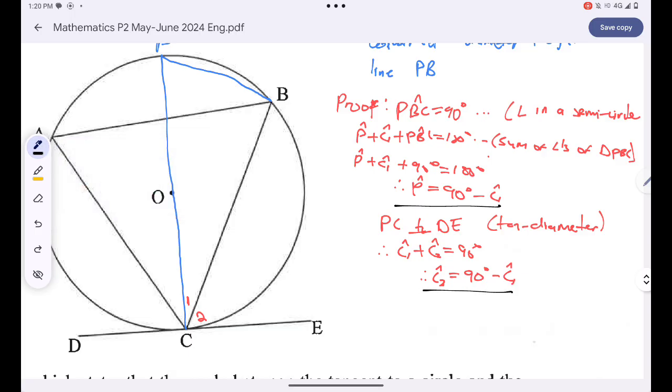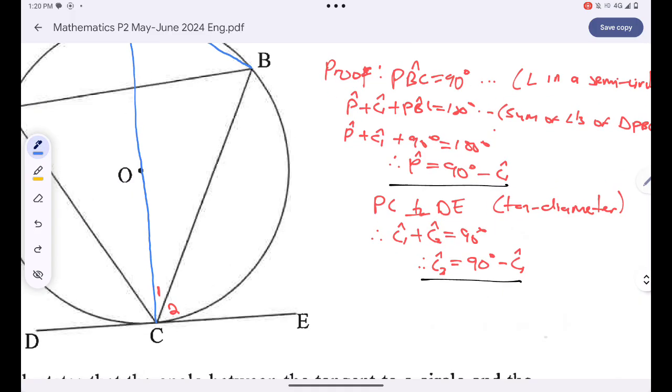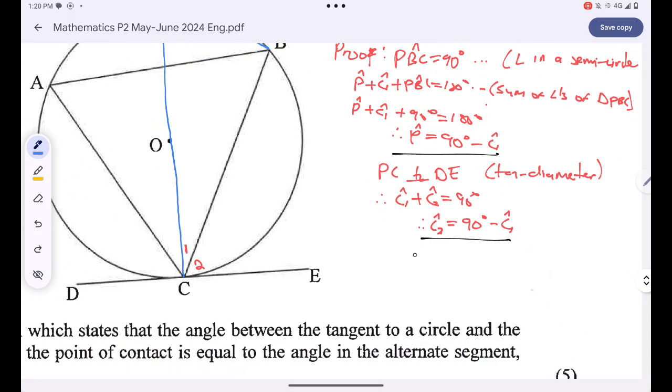Please do check this as well. And then I can simply conclude that angle P is equal to angle C2. Why? Because both angles are equal to 90 degrees minus C1.